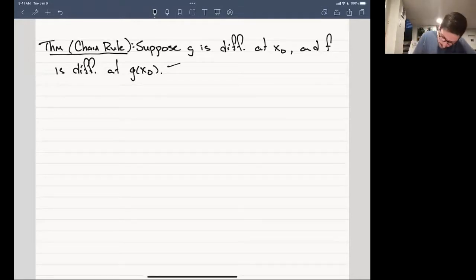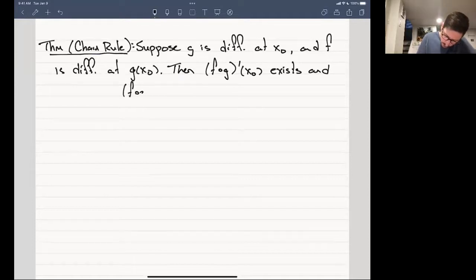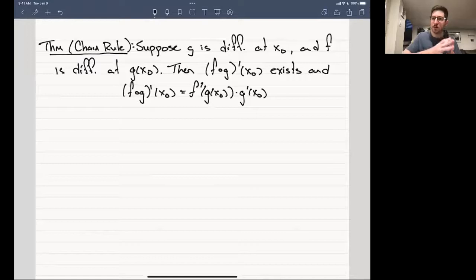Then the derivative of the composition f of g at x0 exists, and this one again is one that people have a lot of trouble remembering. See if you can pause the video and remember exactly what this says. This gives me f prime of g of x0 times g prime of x0. So this is the Russian doll one, right? The derivative of g comes outside of this composition.